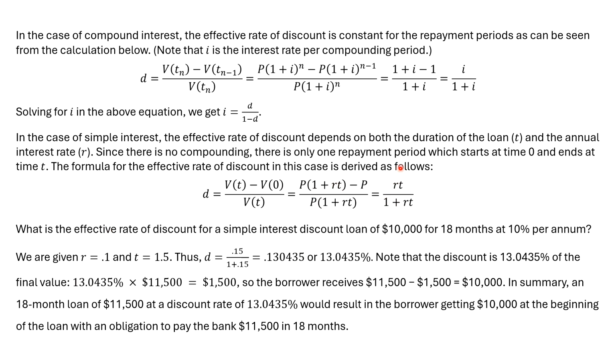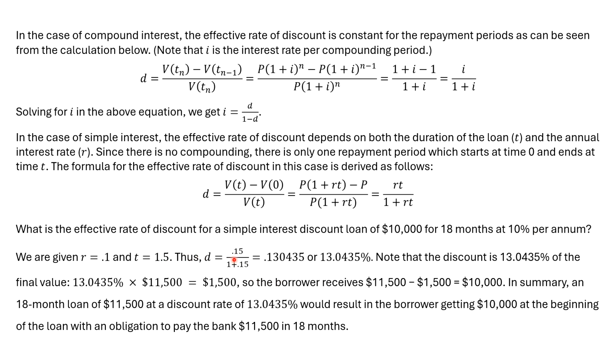So I have an example using this. What is the effective rate of discount for a simple interest discount loan of $10,000 for 18 months at 10% per annum? So we're given R is 0.1, that's our 10%. T is 1.5, that's the number of years, 1.5, 18 months.